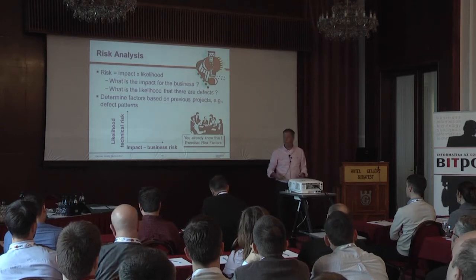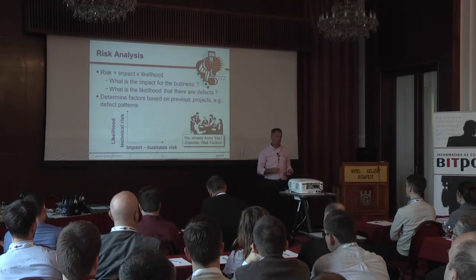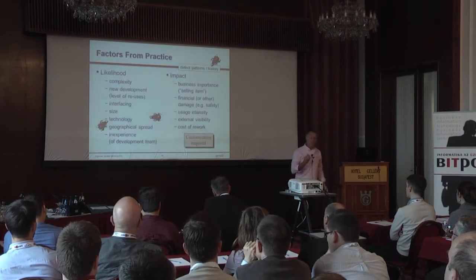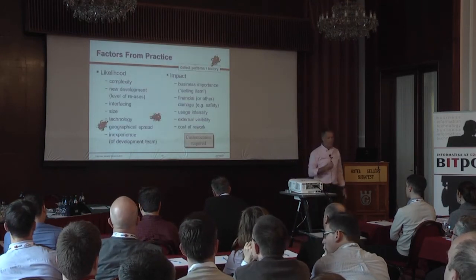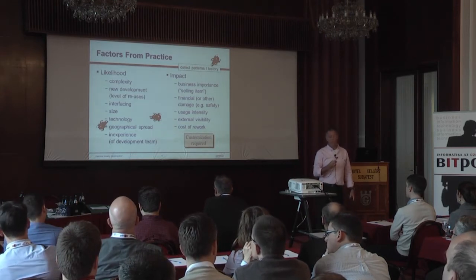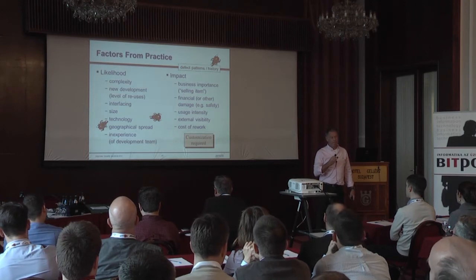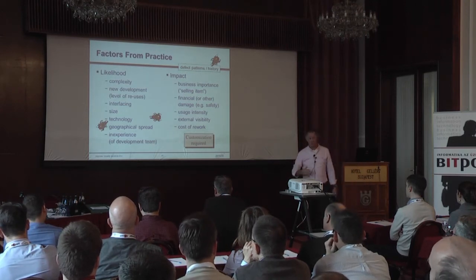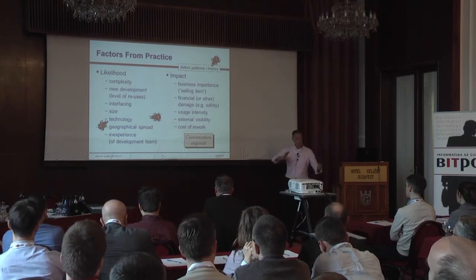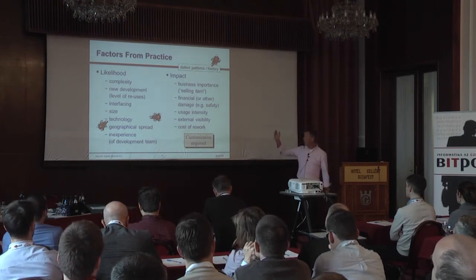So what you basically have, in trying to answer these two questions in a more objective way, is factors. Factors we use to answer these questions. And I'll give you some examples. This is just a list from practice. It's not the theoretical complete list that we've built. Complexity.